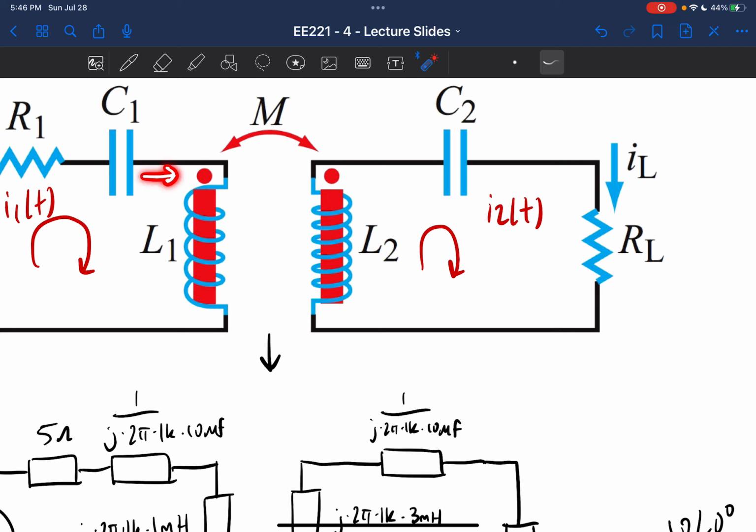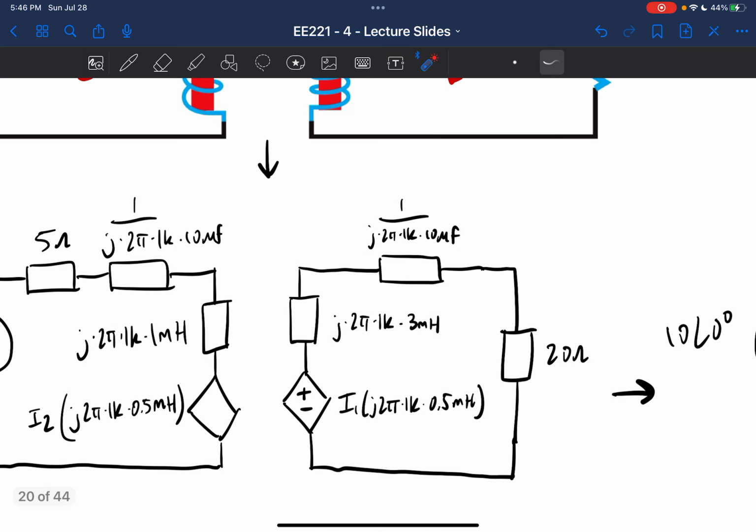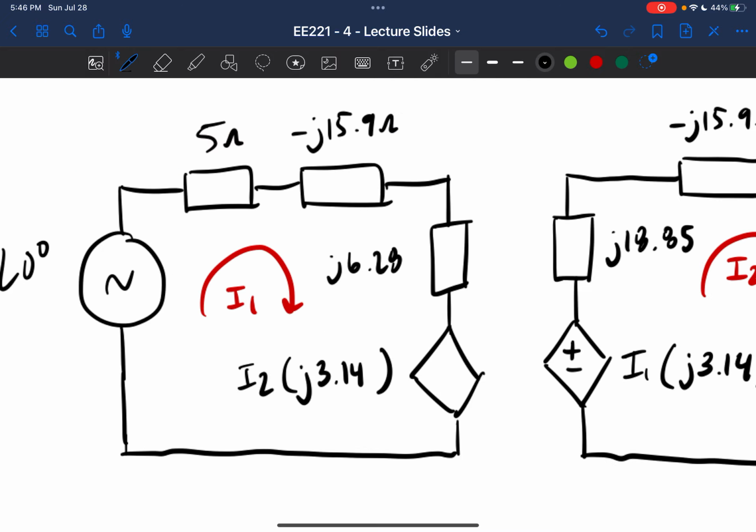And so in order to force a current in this direction in the circuit, I need the polarity such that the plus is here and the minus is here. Okay? And so we're going to go ahead and put that here, plus minus, just like that.